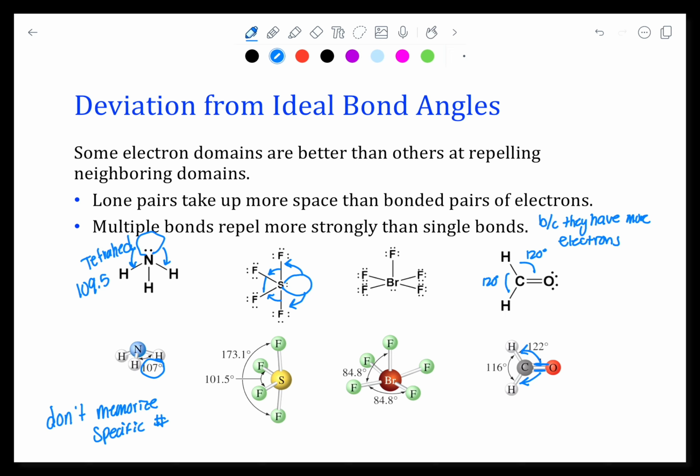This is now 116. So the bond between the hydrogens becomes smaller because the bond between the oxygen and the hydrogen becomes larger. They're repelling it more. So we just have to remember that because of those repulsions, those angles are changing.